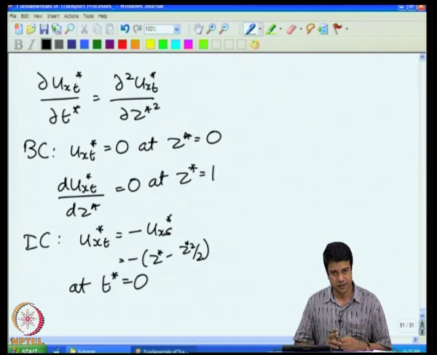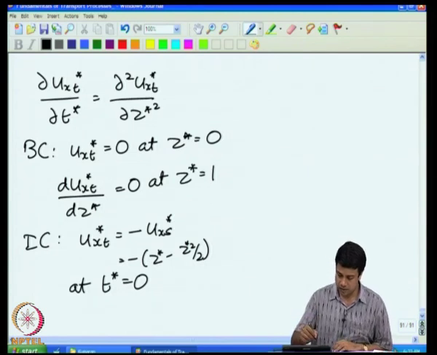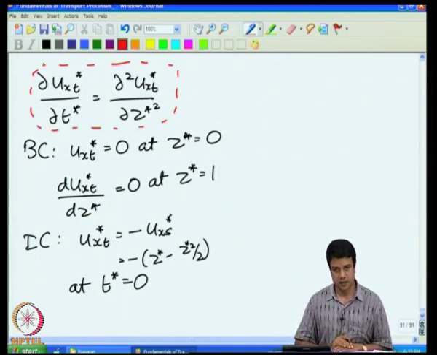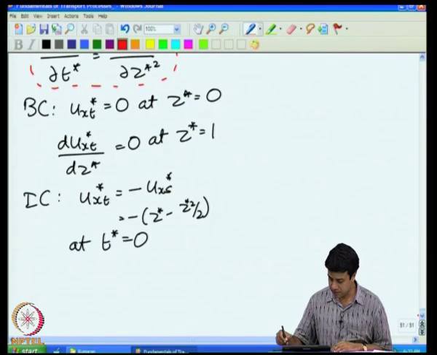The method is exactly the same, separation of variables. Note that now I have an equation which is entirely homogeneous. That is essential for the separation of variables procedure, as I will show you.